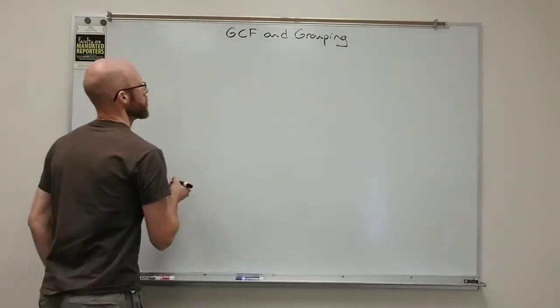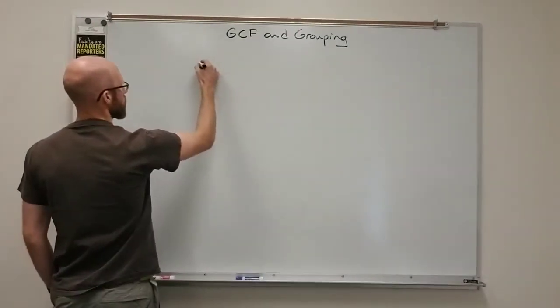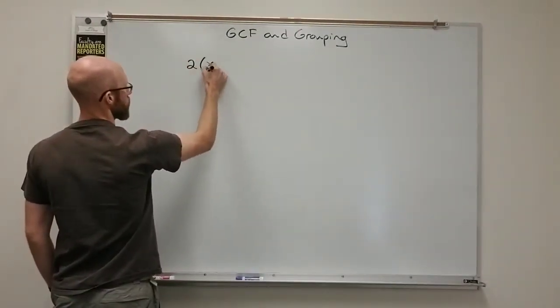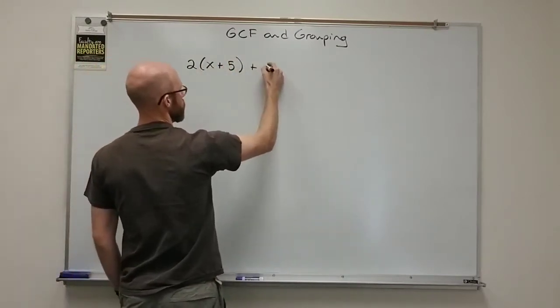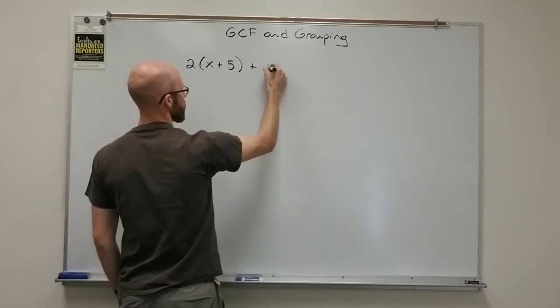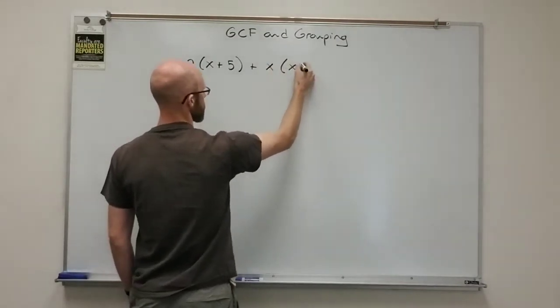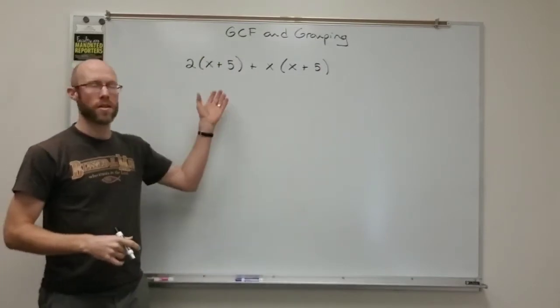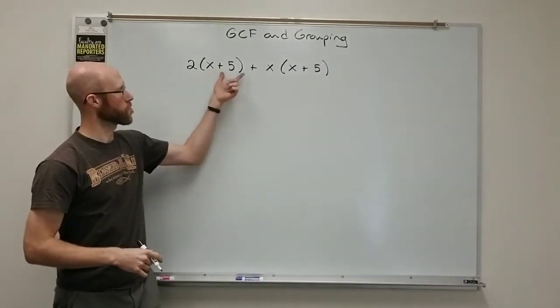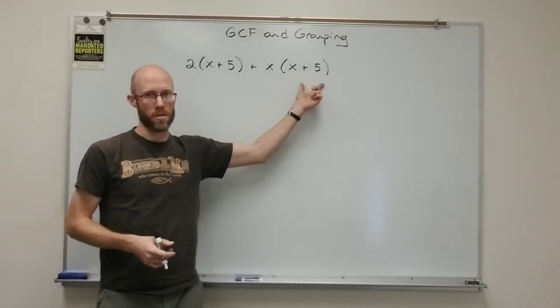Okay, so if I had something like 2 times the quantity x plus 5 plus x times the quantity x plus 5. Well, notice in this expression I actually have two binomials. They happen to be the same.